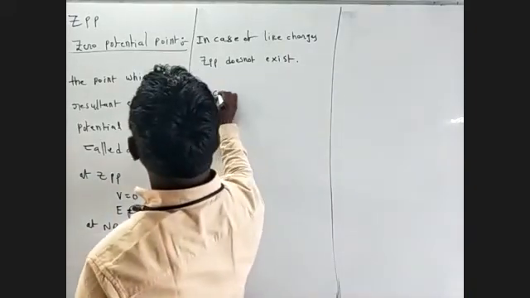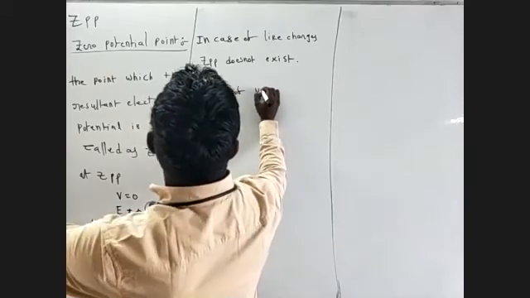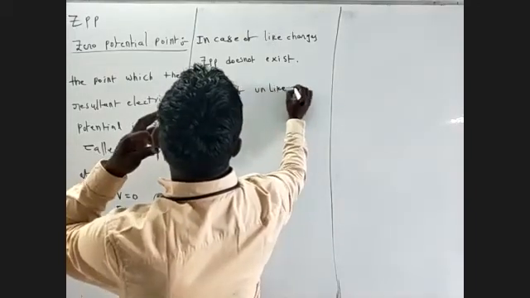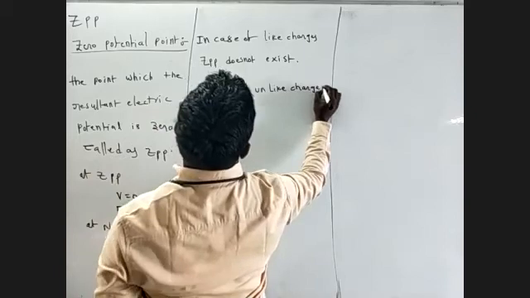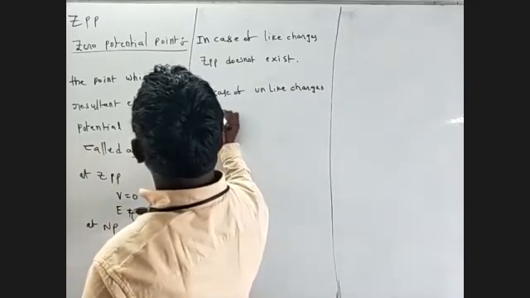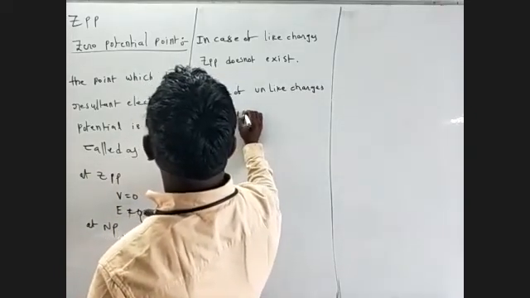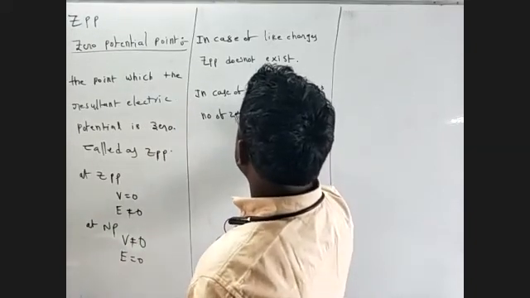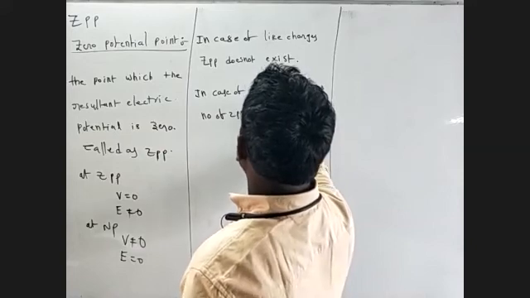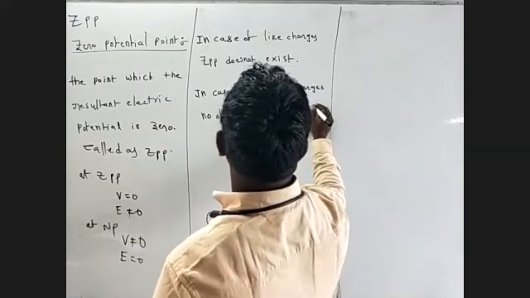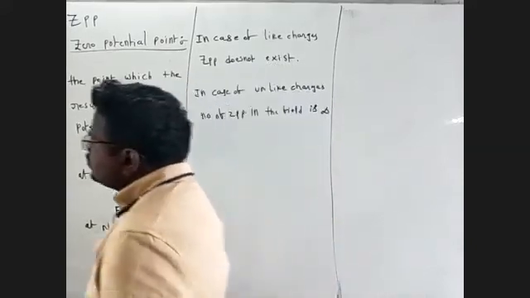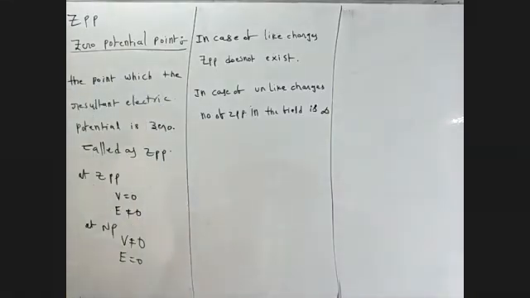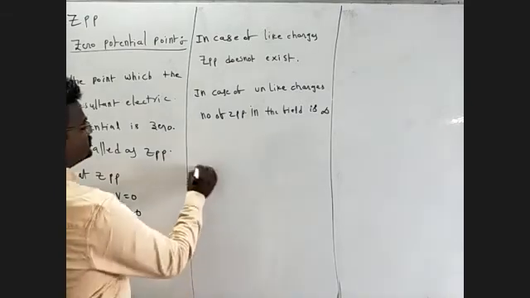In case of unlike charges, the number of ZPP in the field is infinity.